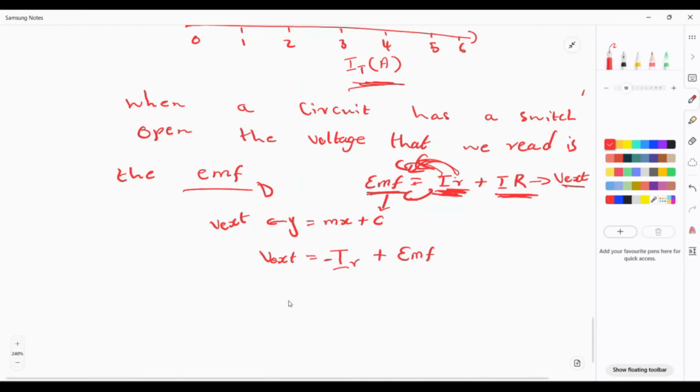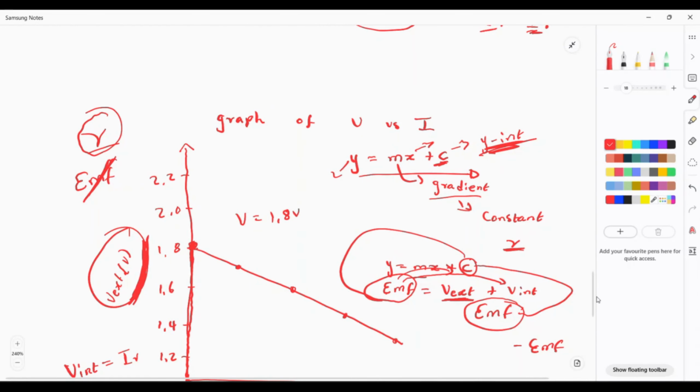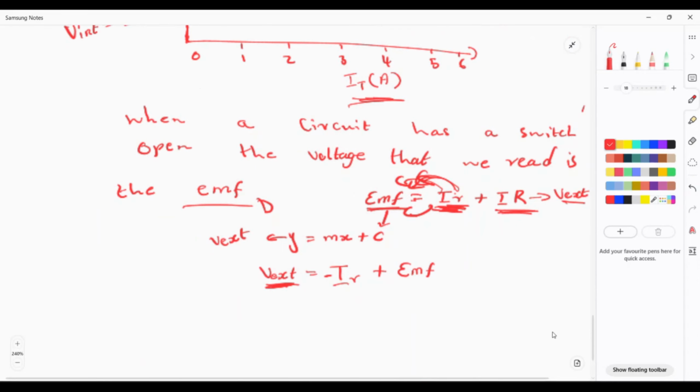Your equation is like this, because V external is your y-axis. And then what about your x-axis? Your x-axis over here is your current I. And then your R is the gradient. The M is the small letter r over there. And then C is actually your EMF.